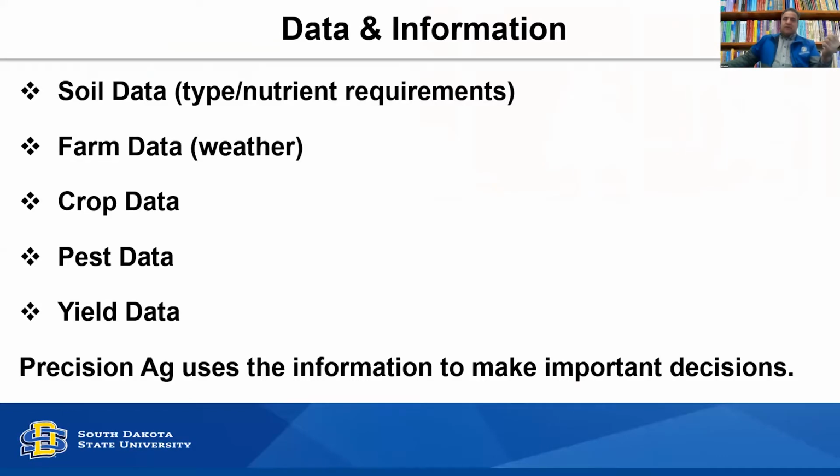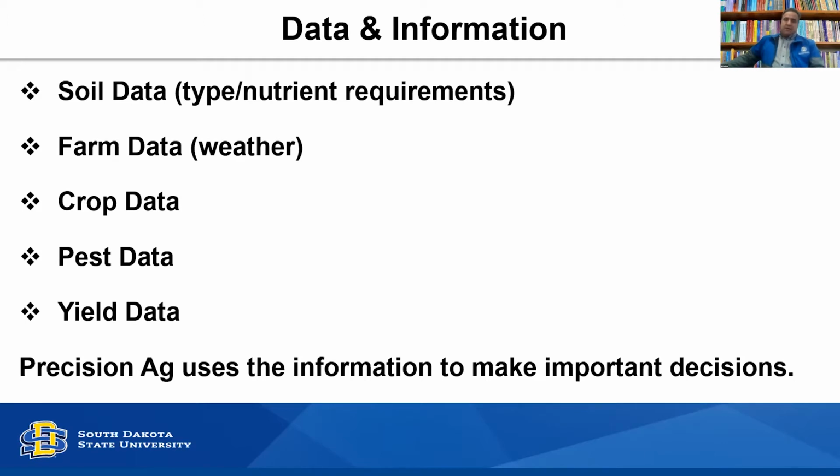The data and information we are using in Precision Ag are related to soil data, which relates to the type, nutrient requirements, and nutrient availability. Farm data, the weather data, and also data related to topography are important.